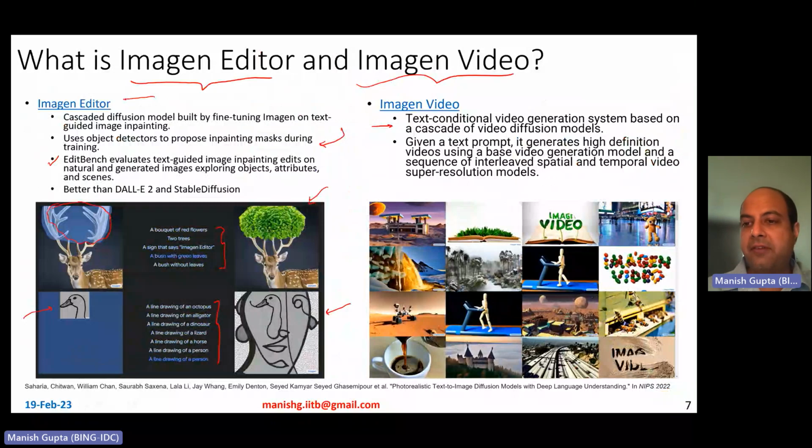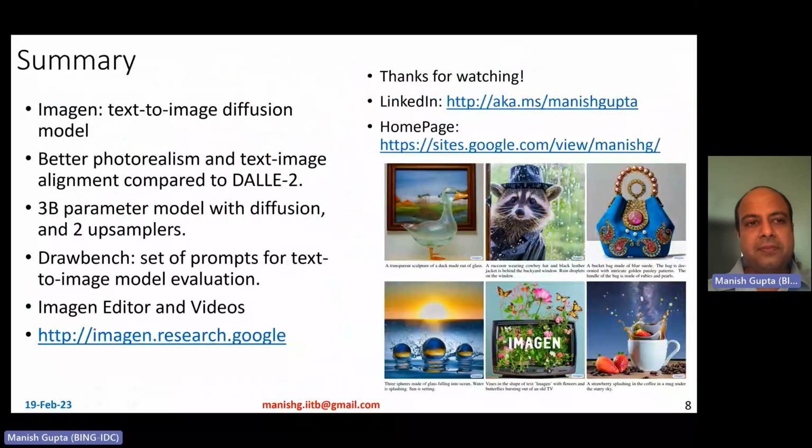Given a text prompt, it generates high-fidelity videos using a base video generation model and a sequence of interleaved spatial and temporal video super-resolution models. Of course, everything that is image specific becomes video specific in this framework. But the great news is that you can take text prompts and generate short video clips out of them. So that's that.